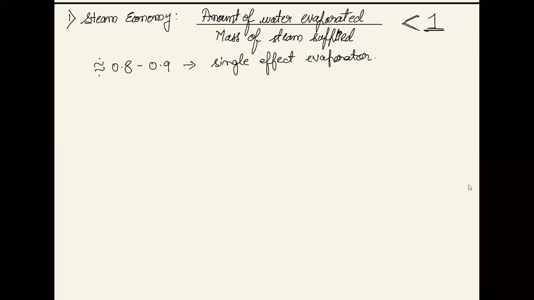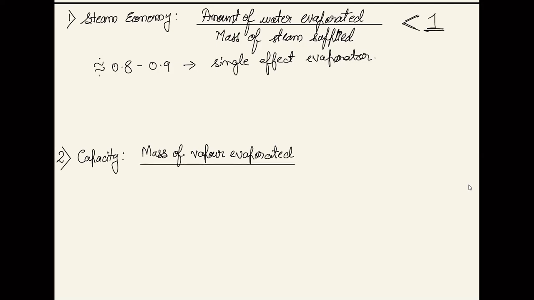The second concept that we need to see in every evaporator, or by which we quantify an evaporator, is its capacity. What I mean by capacity is the mass of vapor evaporated per time, and ideally this has to be in hours.